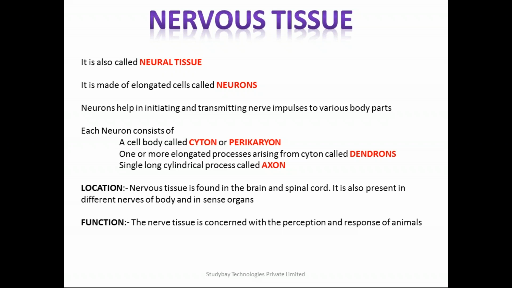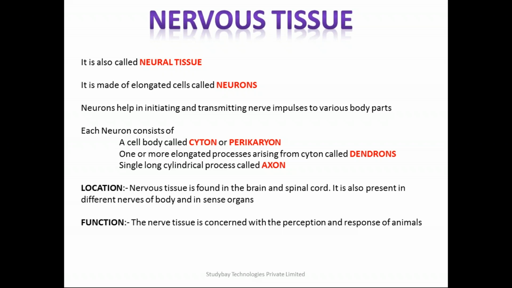These neurons or nervous tissues are present in the brain and spinal cord, and also in different nerves of the body and in sense organs. The main function of nerve tissue is concerned with the perception and response of animals.